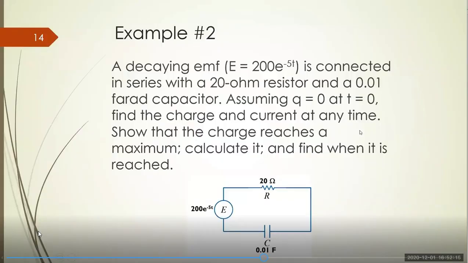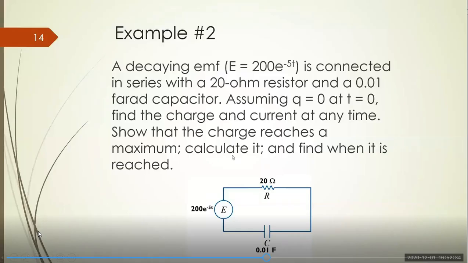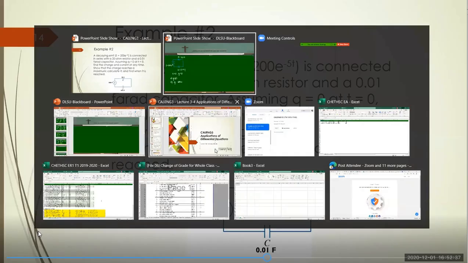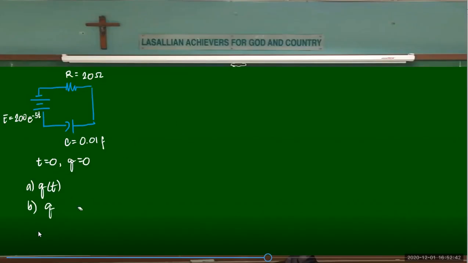What else? Find the charge at any time t. So, letter A, Q as a function of t. Letter B, when the charge maximum is reached, so Q max. Here it asks for Q max. When is the Q max? And what's the value?